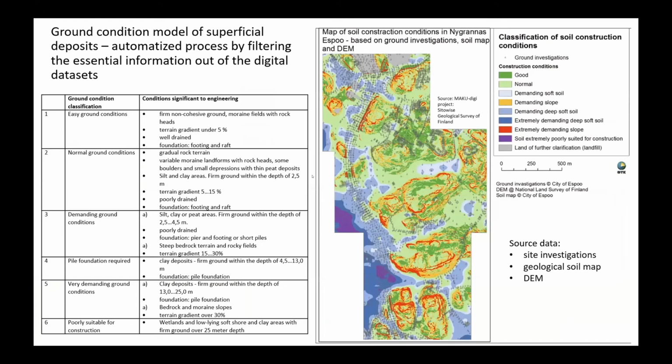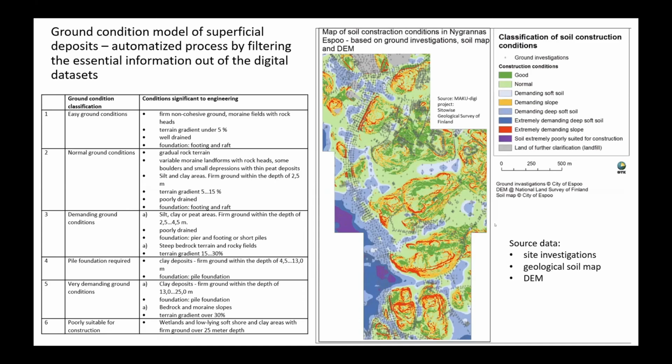And we are also doing some ground condition modeling in different cities. This is an example from the city of Espoo, what we did. So the idea is to automate the process of interpretation by filtering only the essential information out of the digital data sets. And the results are quite promising, I would say.